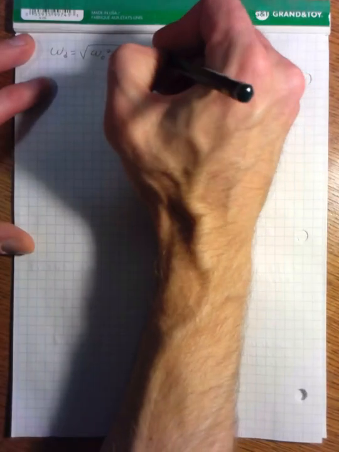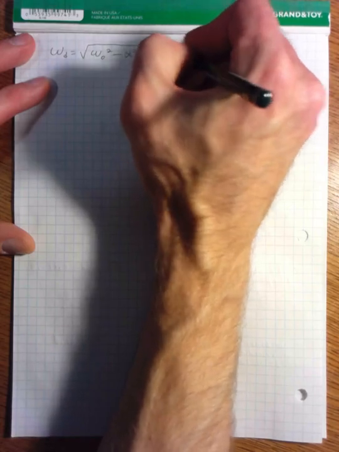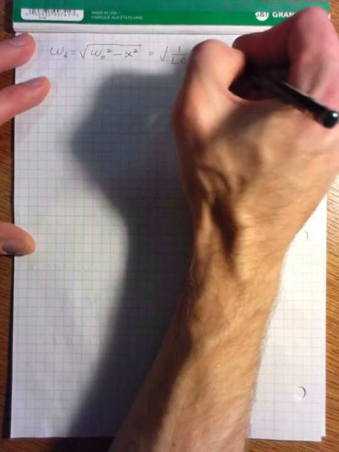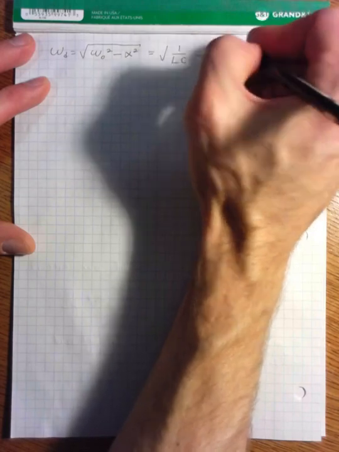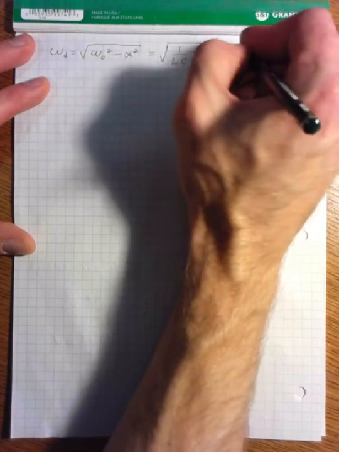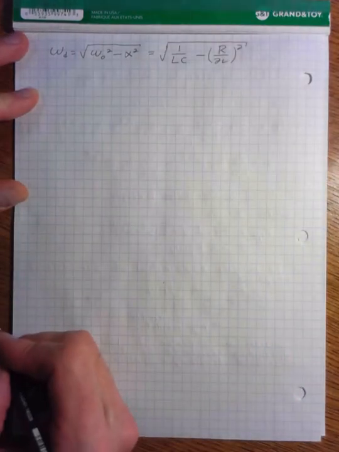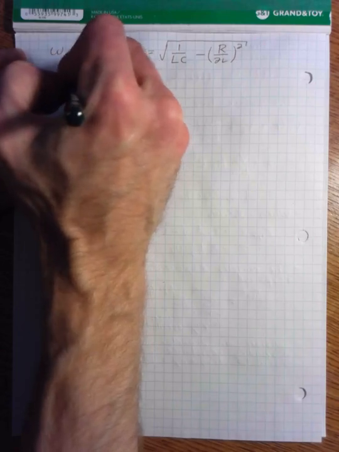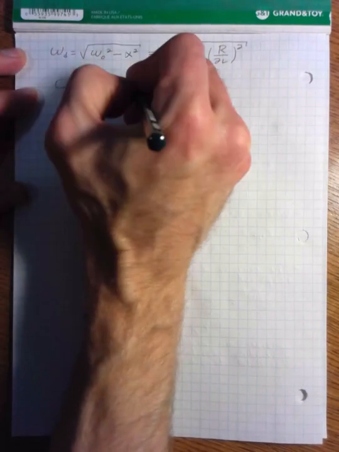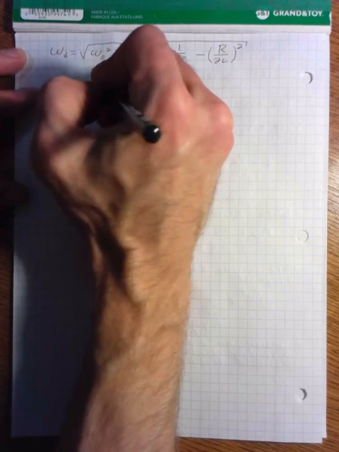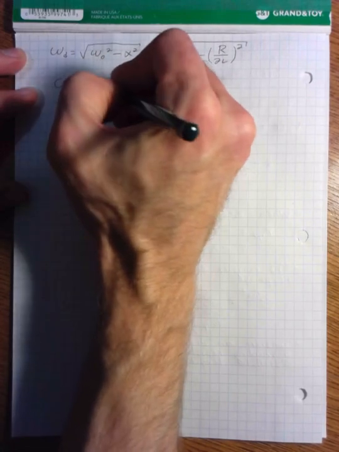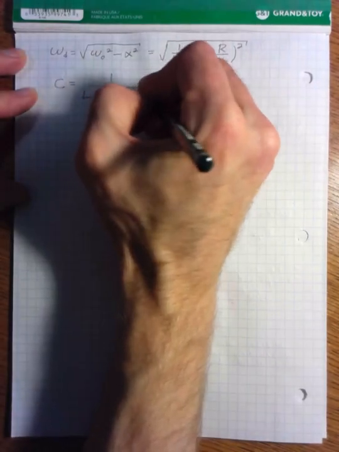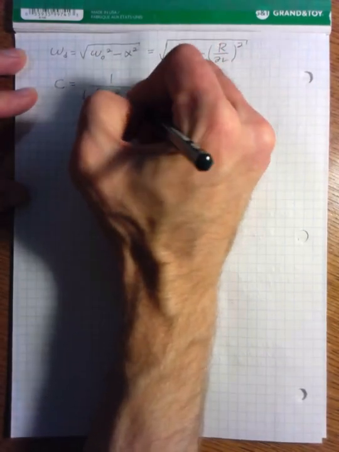And if we substitute in our component values, this is 1 over LC minus R over 2L, squared. And so if I solve in terms of capacitance, we have capacitance equal to 1 over inductance times the damped frequency squared plus R over 2L squared.